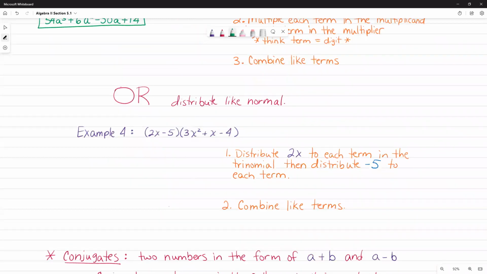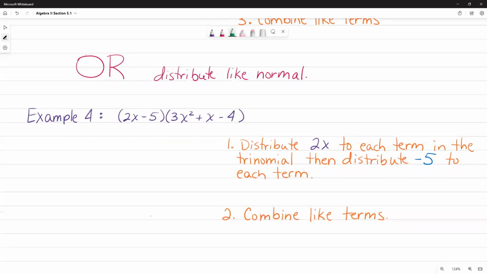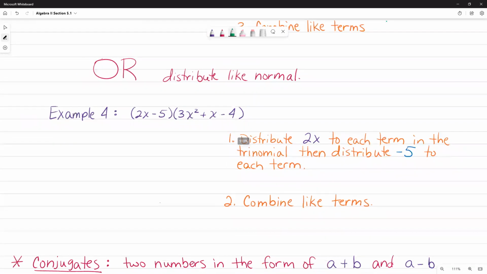This is what we learned in the first part, where you just use the distributive property. In which case you distribute your first term to every term in the trinomial. And then you distribute the second term.